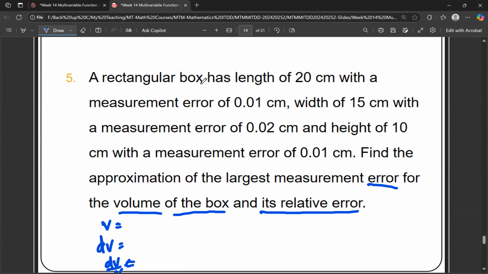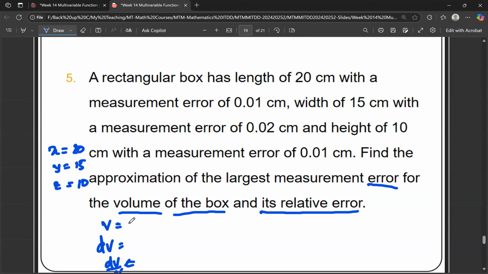But we must know about the formulation. A rectangle box has length 20, width 15, and height 10. X will be 20, Y will be 15, and Z will be 10.